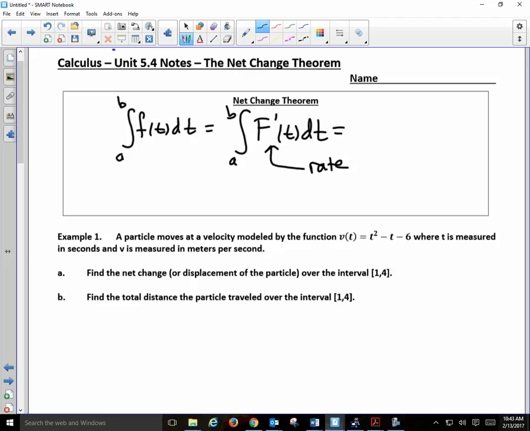When you're given a rate function, we get in this situation F of b minus F of a. And this will give us what I refer to as accumulation. That whole chunk.